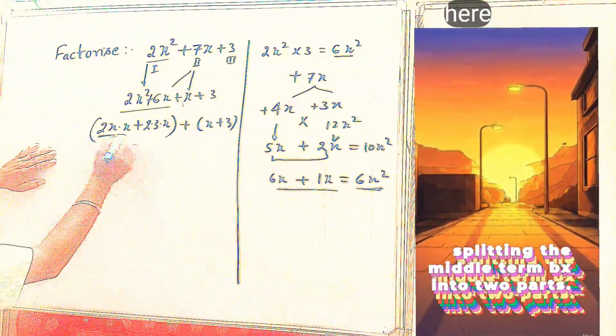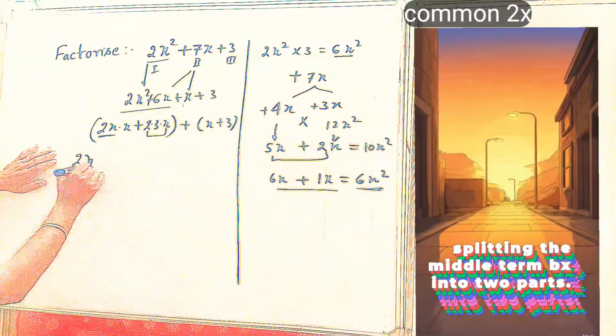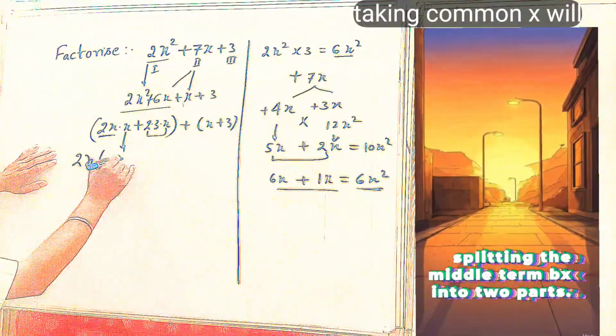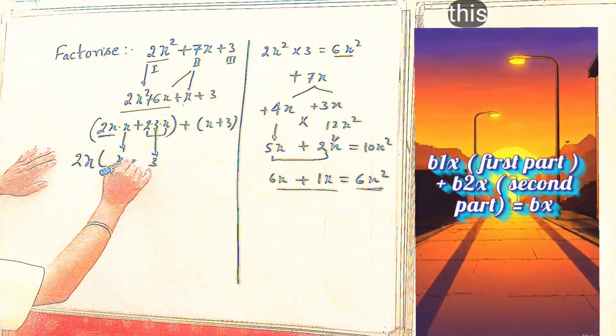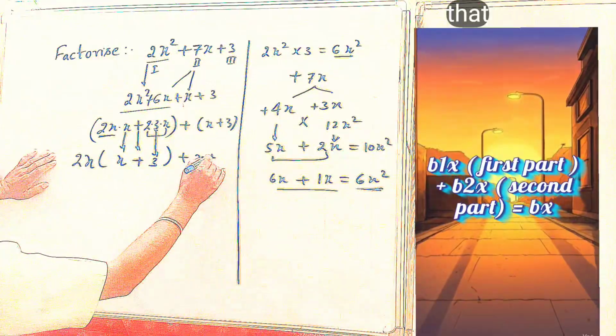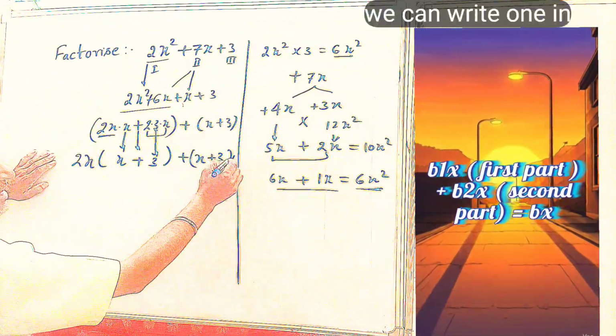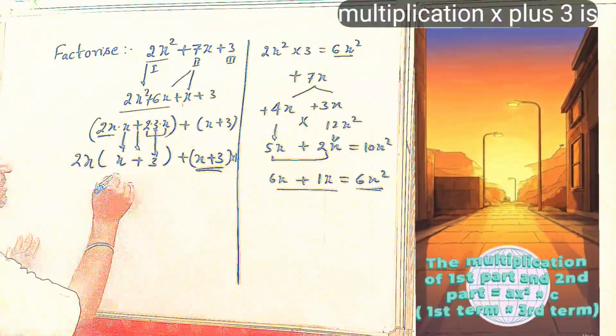So 2x here common, 2x taking common, x will remain here. We can write 1 in multiplication. x plus 3 is common.